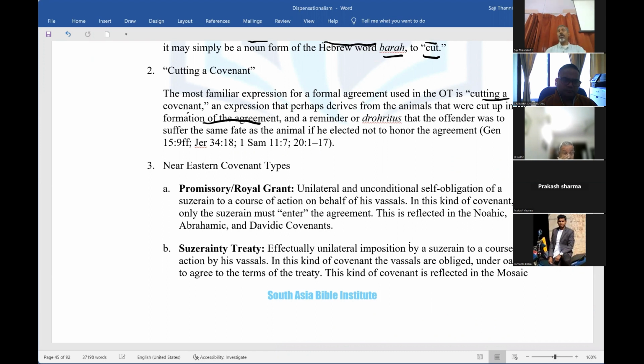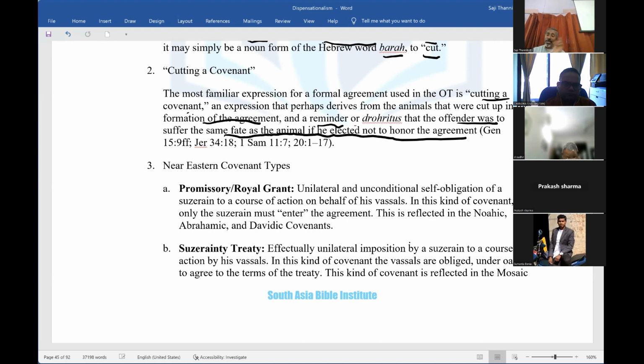We remember when we looked at the Abrahamic covenant, we saw this, right? God told Abraham to dissect animals, and God walked in between the portions of this meat. So that is a system that they followed in the Old Testament, and especially in the ANE culture. The idea is that the offender was to suffer the same fate as the animal if he elected not to honor the agreement.